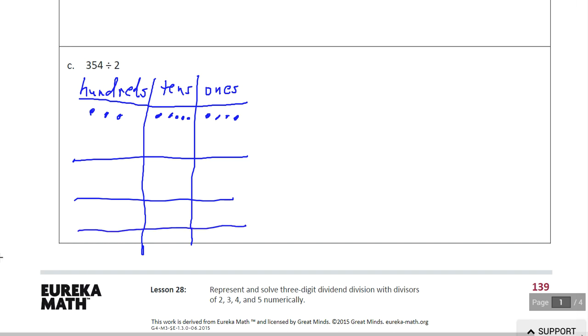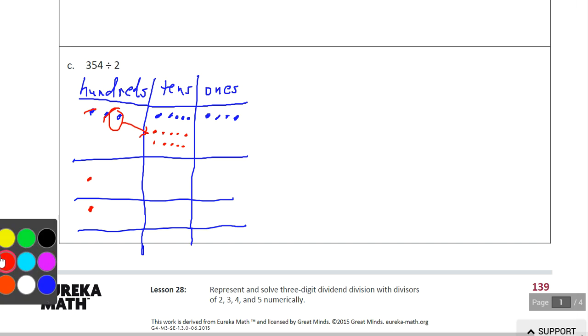If you want to use the discs, you can. Now remember, we don't have an even number to divide here, so I have to take this one over, bring it over here. 1, 2, 3, 4, 5, 6, 7, 8, 9, 10. Now I have a total of 15 here, and I got to divide those up by 2.